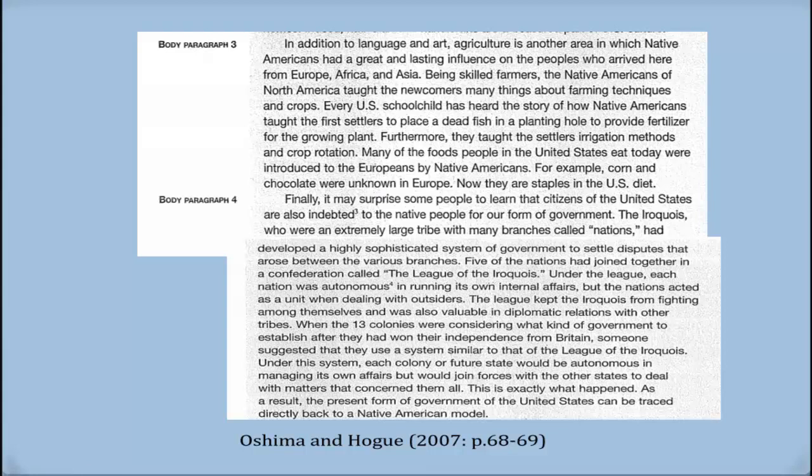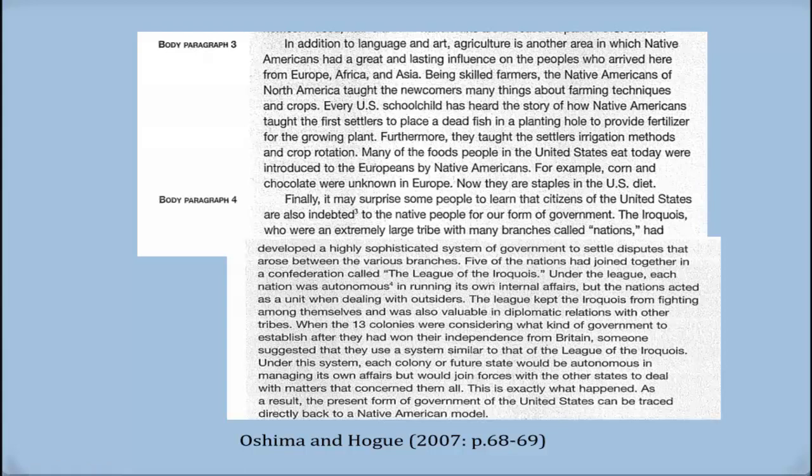The last body paragraph: Finally, so you can use the word finally. It may surprise some people to learn that citizens of the U.S. are also indebted to the native people for our form of government.